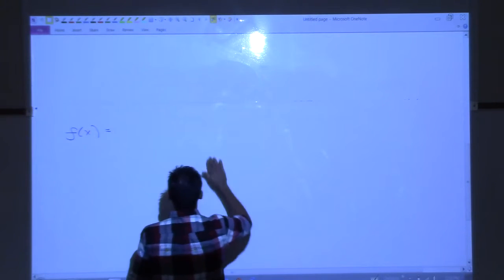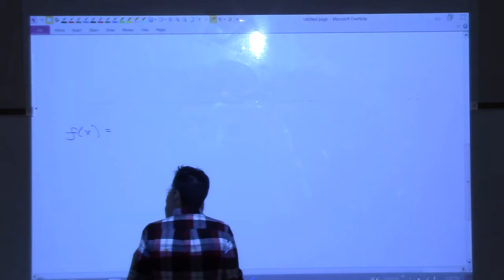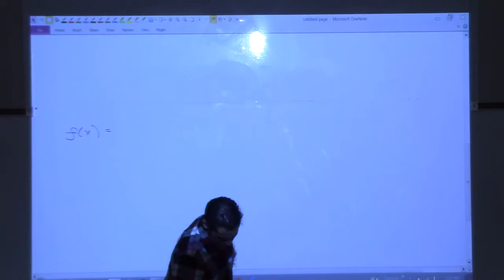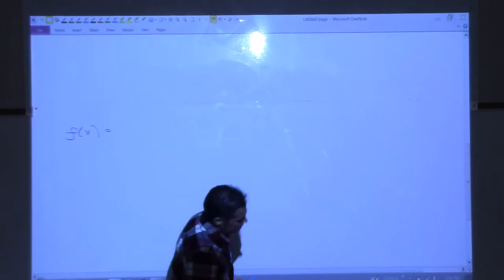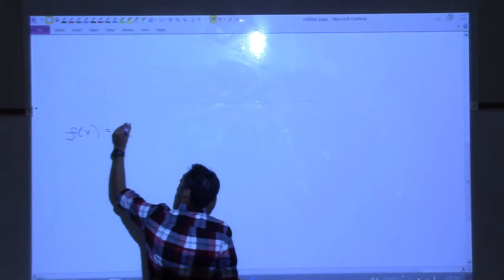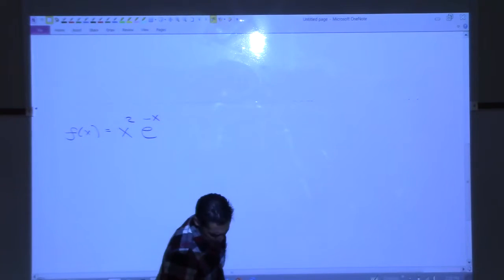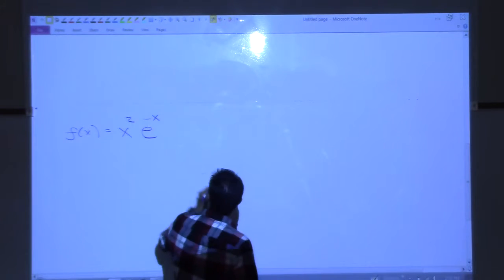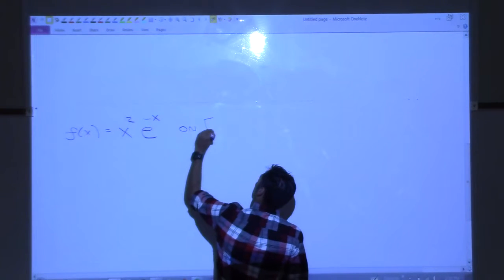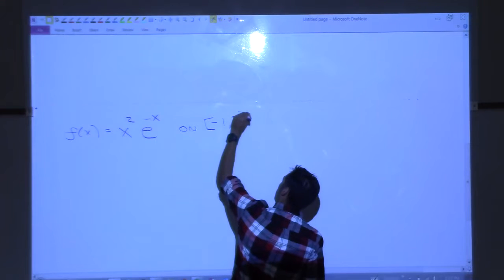Same instructions. Find the global max and mins of x squared times e to the negative x on the interval -1 to 3.